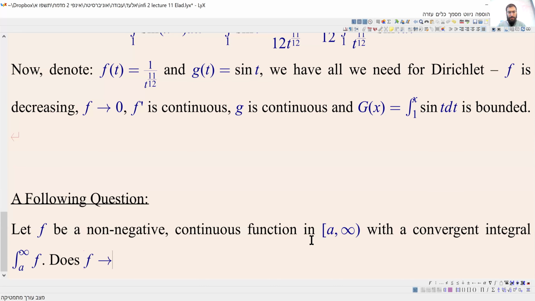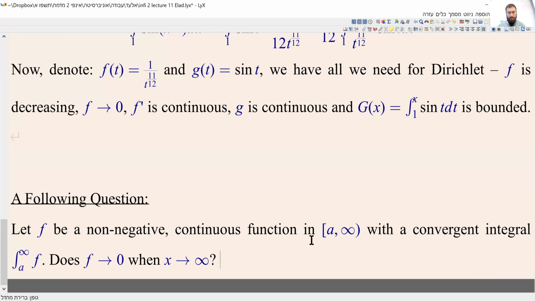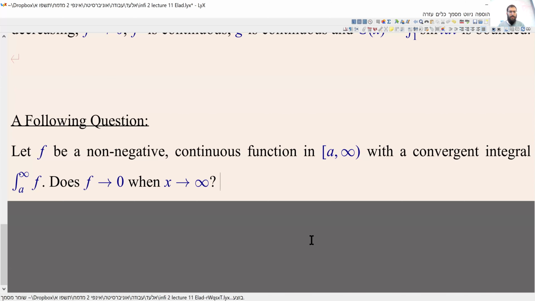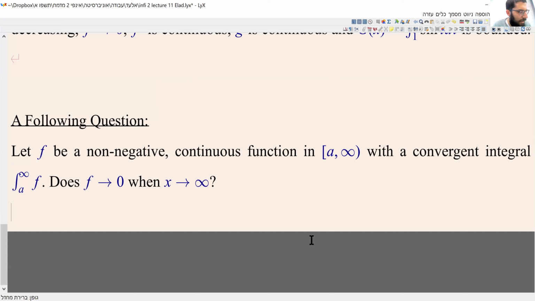Does f go to 0 when x goes to infinity? Yet again, by the way I asked the question, what do you think the answer is? No.